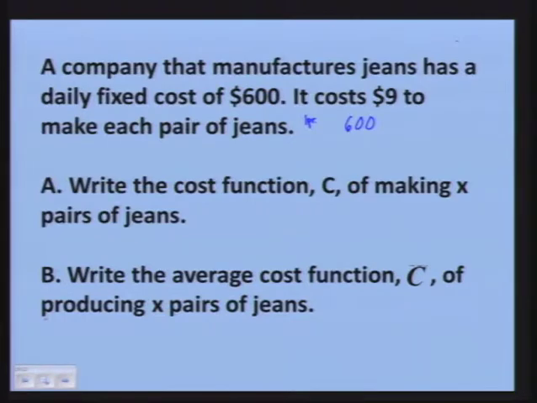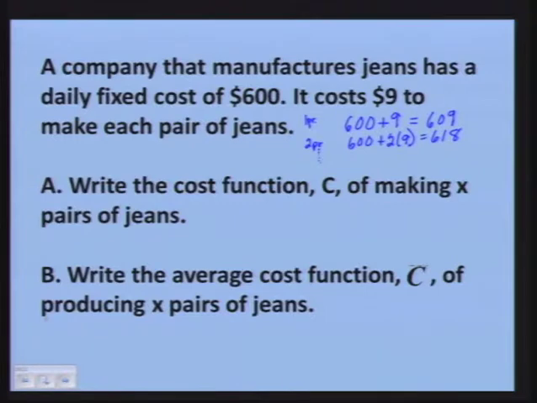But then once I make a pair of jeans, I have to add $9, so the first pair of jeans cost me $609. The second pair on a given day costs me $600 plus 2 times 9, which is $618.